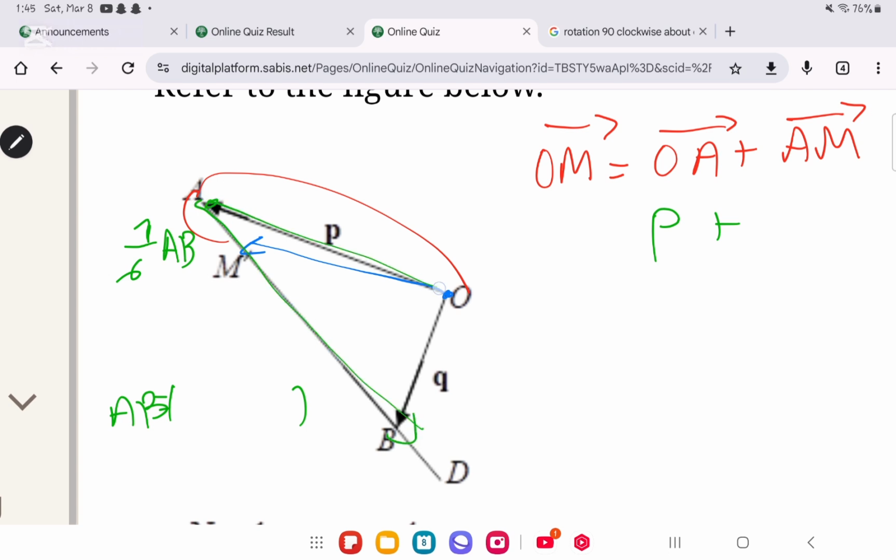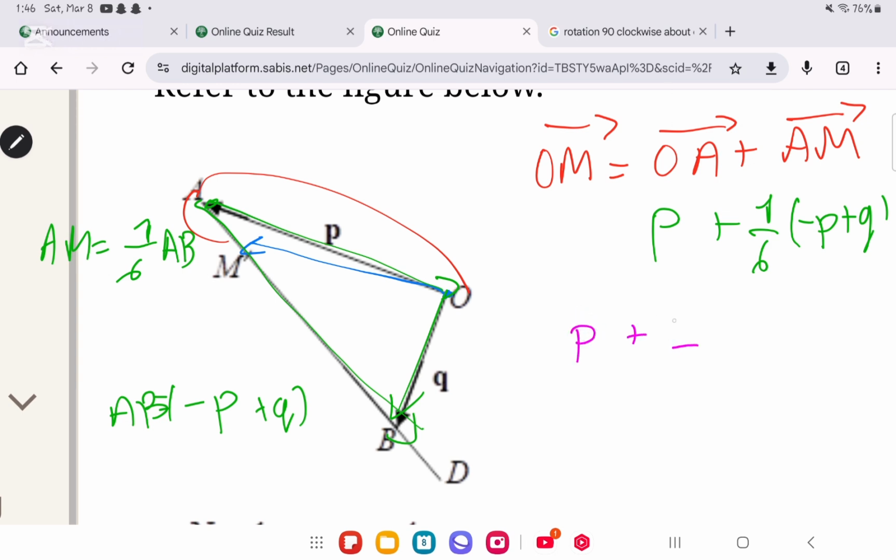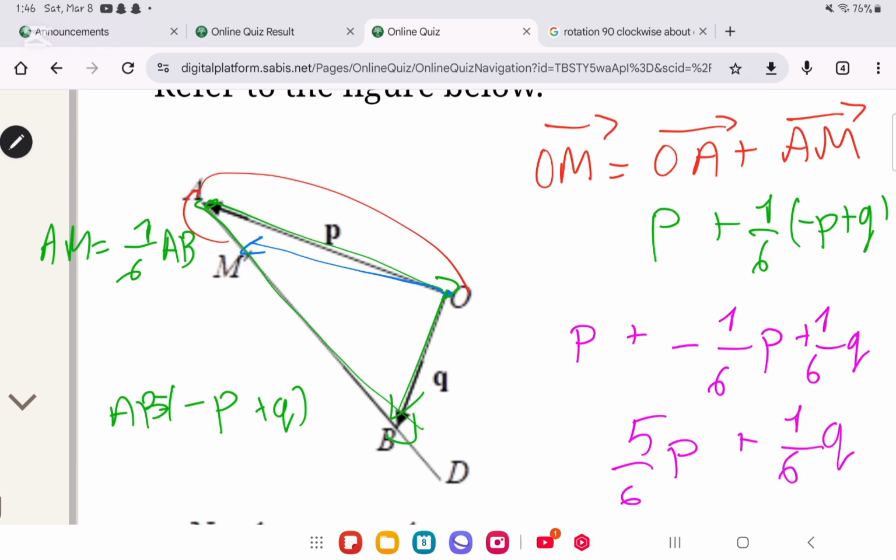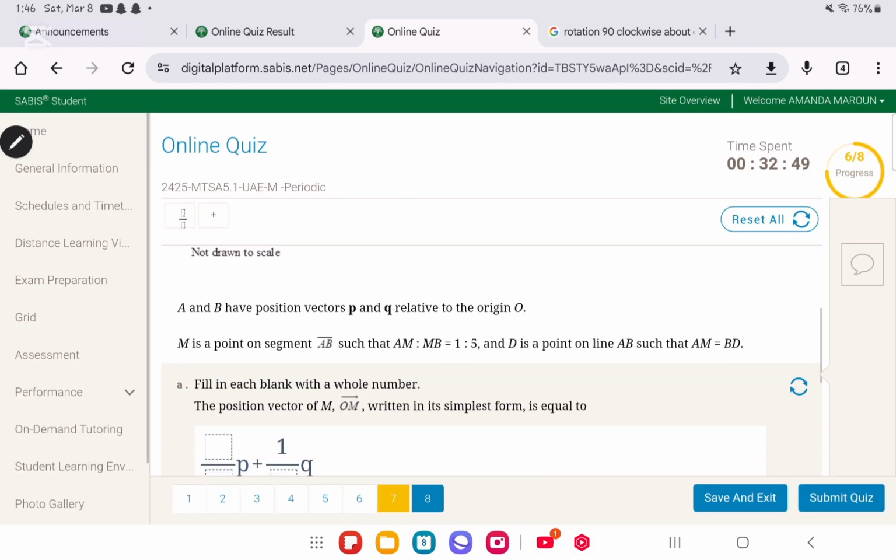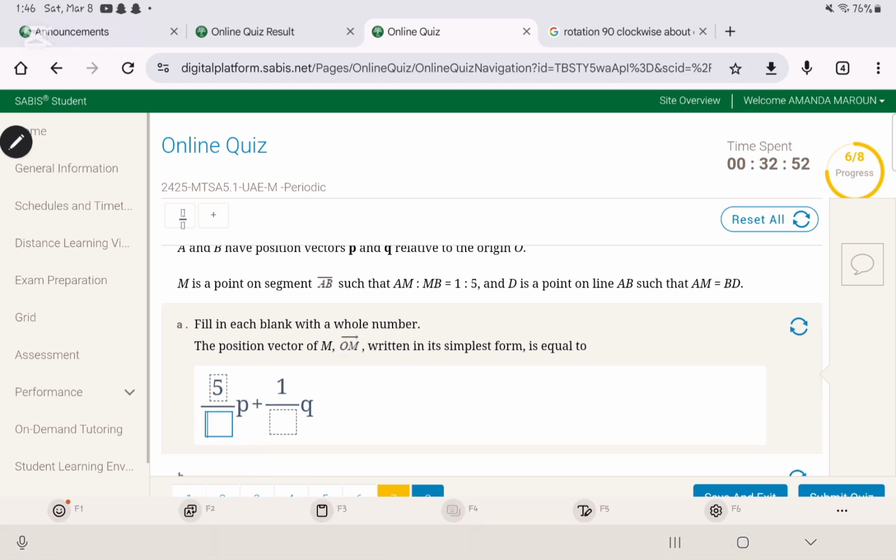It is equal to minus P plus Q. So if AB is minus P plus Q, then AM is equal to 1/6 times minus P plus Q. We solve it even more, so P plus minus 1/6 P plus 1/6 Q. And then after solving, you're gonna get 5/6 P plus 1/6 Q. And just like that, we solve the first part. So it is 5/6 P plus 1/6 Q.